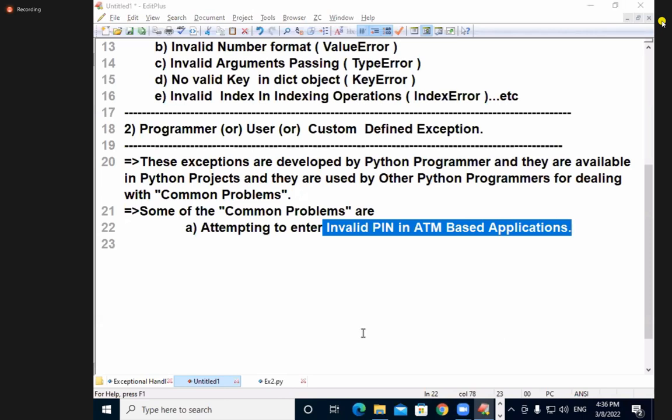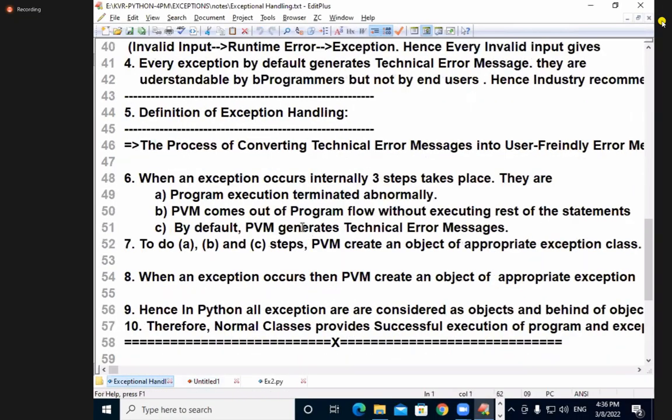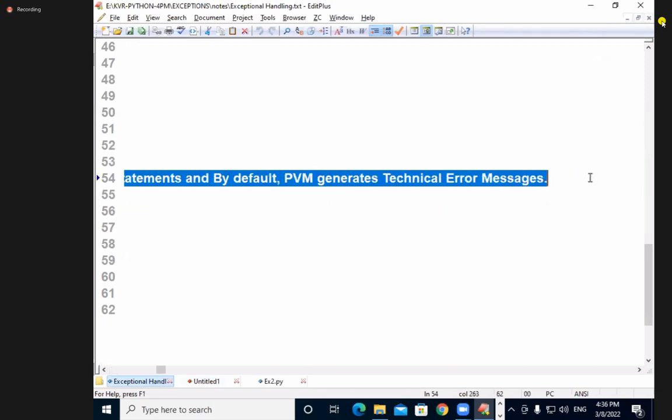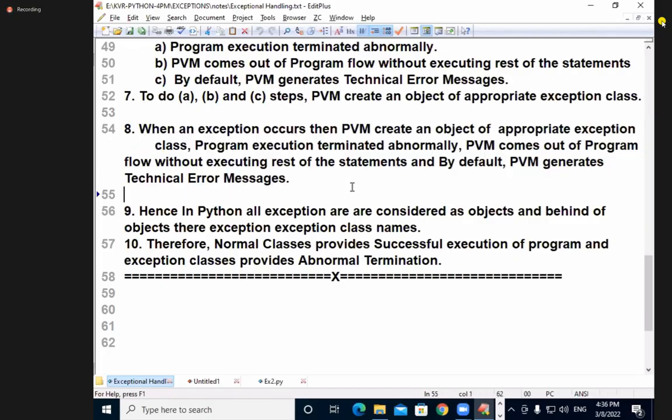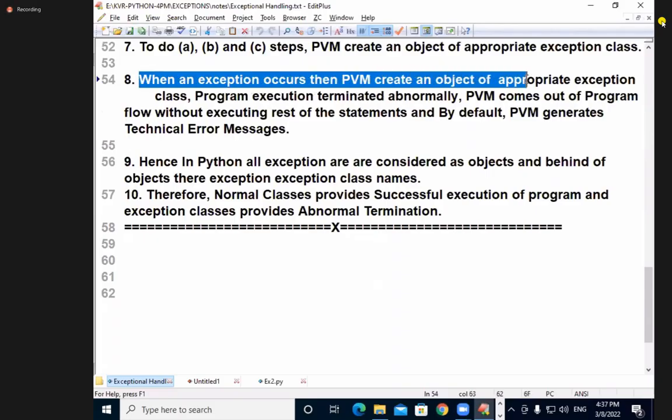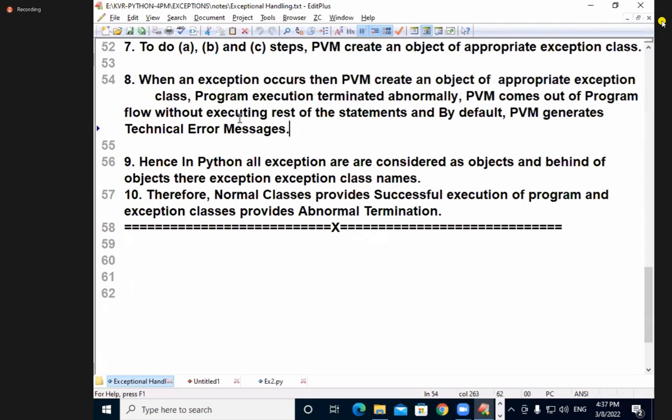They will only answer. Anuj Rajput is saying: every exception will create an object. Yesterday only I covered. Whenever an exception occurs, PVM creates an object of the appropriate exception. If you don't remember, I can't do anything else. Program execution is abnormally terminated.